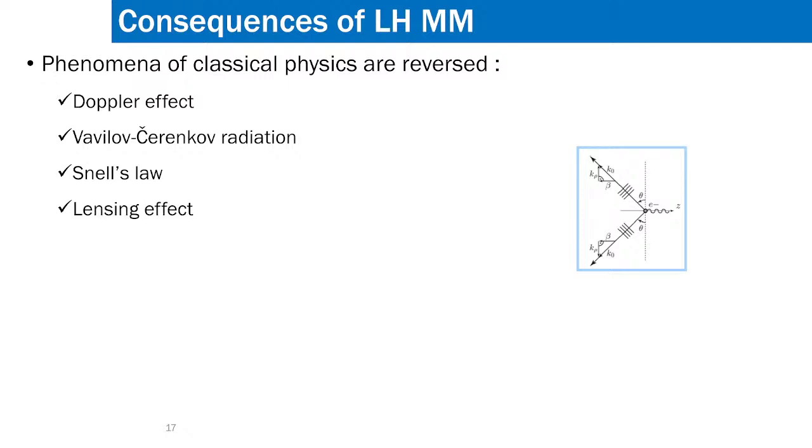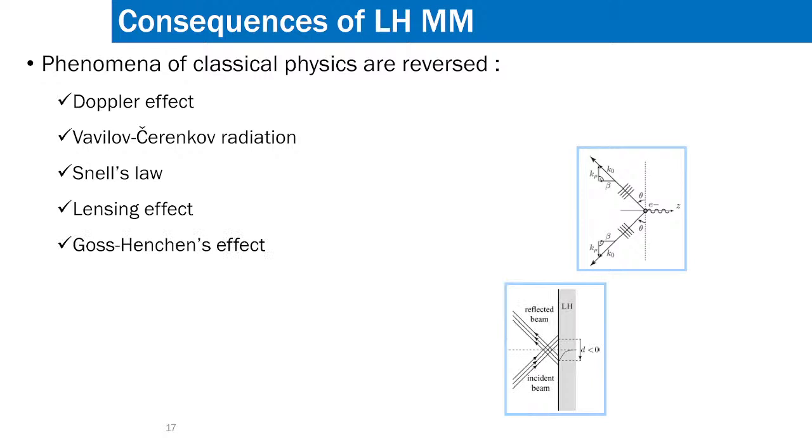The operation of a lens depends on Snell's law. Because of the reversal of Snell's law, the lensing effect also is reversed. The converging lens in the double positive material, DPS material, acts like a diverging lens in the DNG material, and vice versa. Then the Goos-Hänchen effect is also reversed.